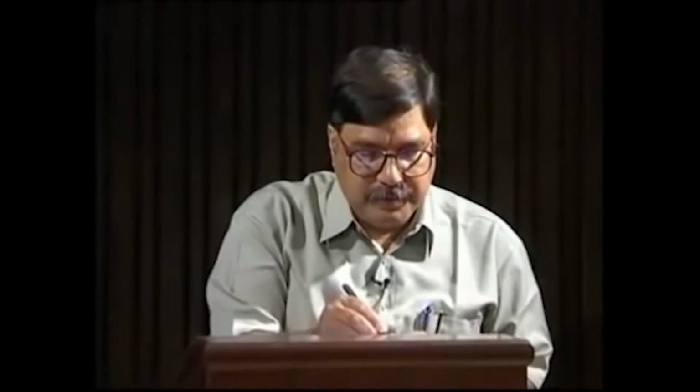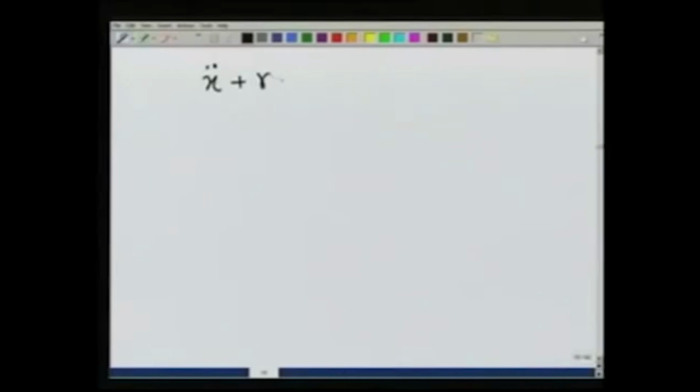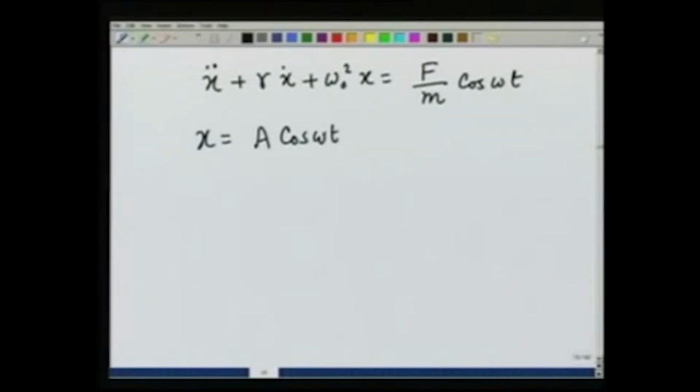So, the equation that we are solving is x double dot plus gamma x dot plus omega 0 square x is equal to F over m cosine of omega t, and I am looking for its particular solution because in the limit of large time that is the only solution. So, in other words, I am looking for steady state solution. I could try a solution like x equals some amplitude times cosine of omega t.